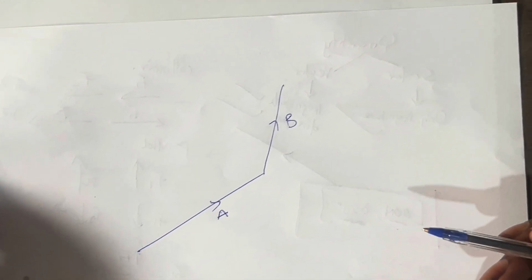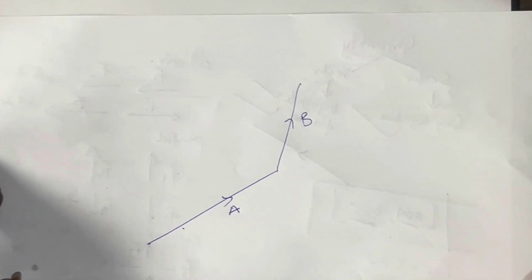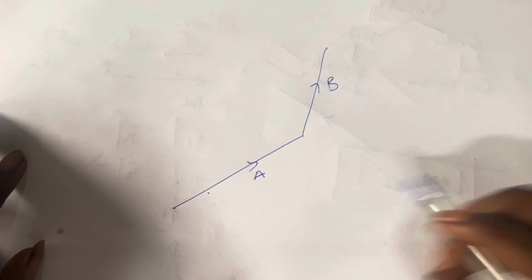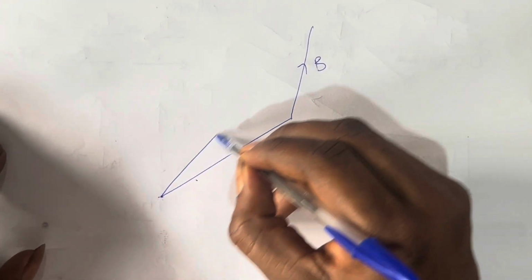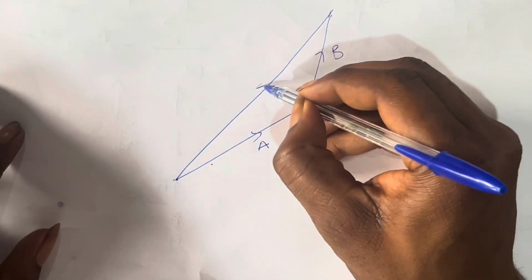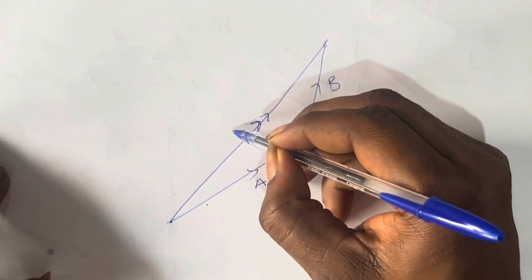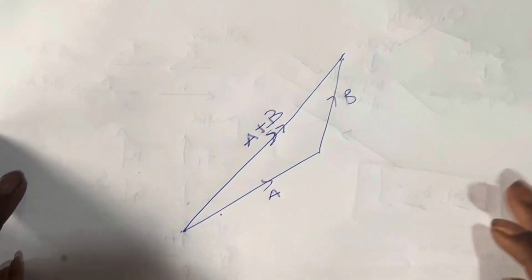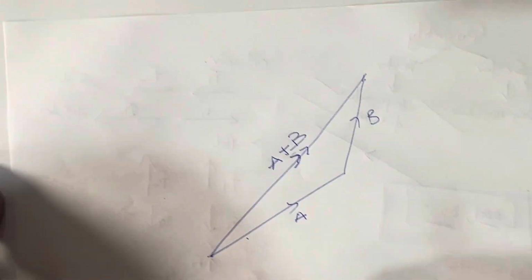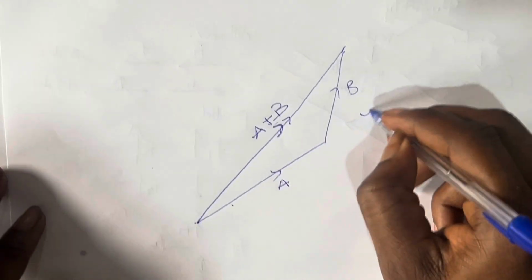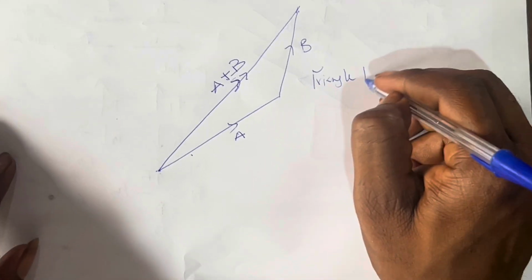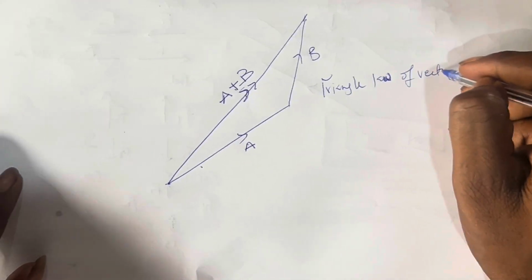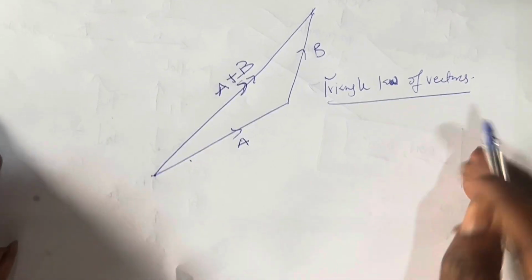The triangular law says that if I have two sides meeting together, then the third line I draw to complete the triangle becomes the resultant vector, A plus B. When this law is at work, it is called the triangle law of vectors.